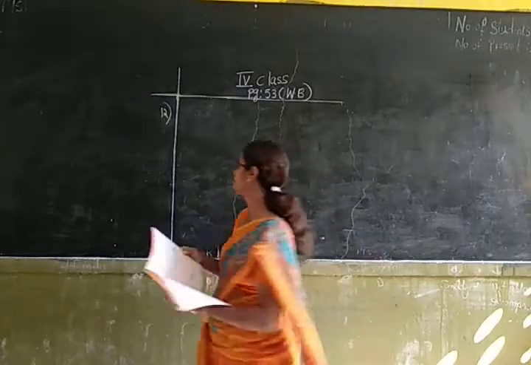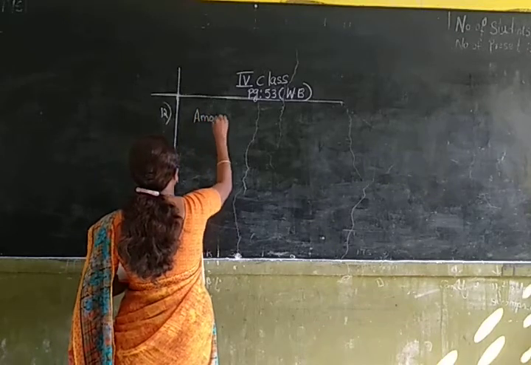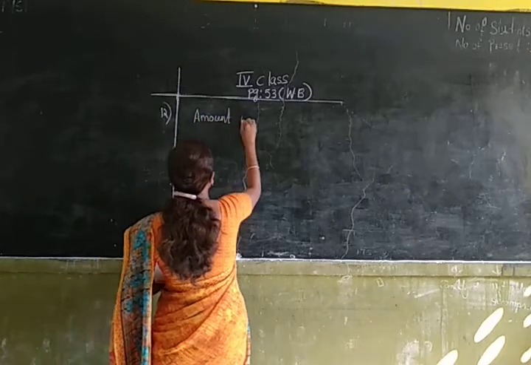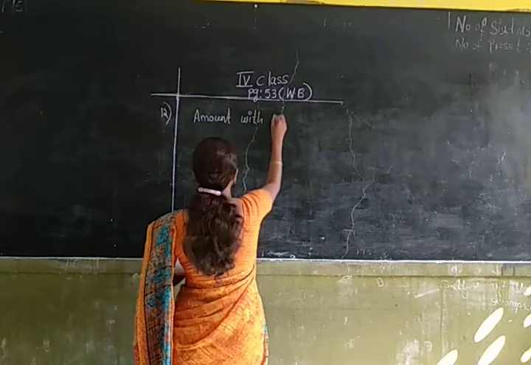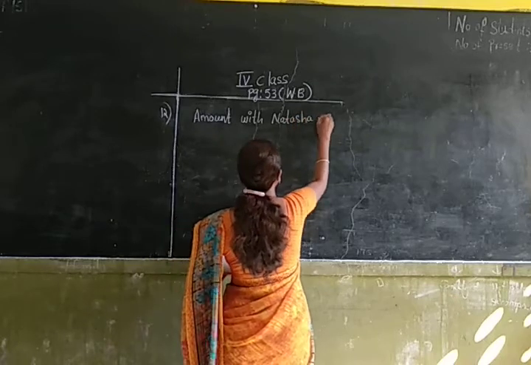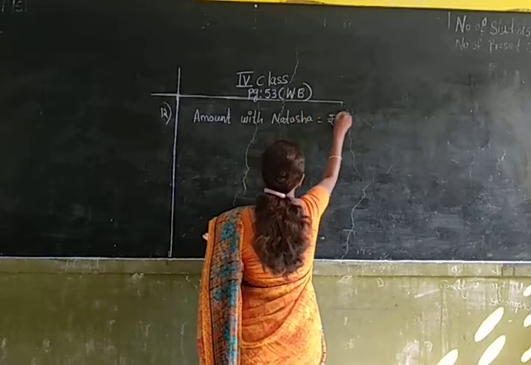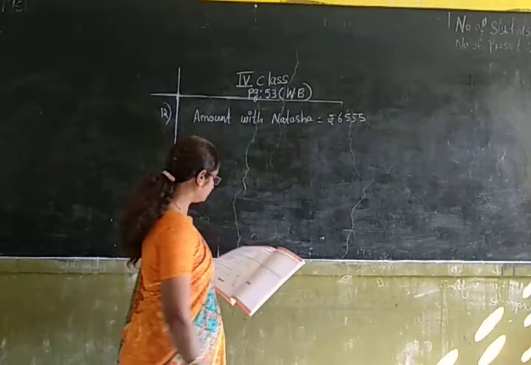Okay children? So amount with Natasha. So how much amount is Natasha having? Natasha is having 6,555 rupees with her. Okay children?